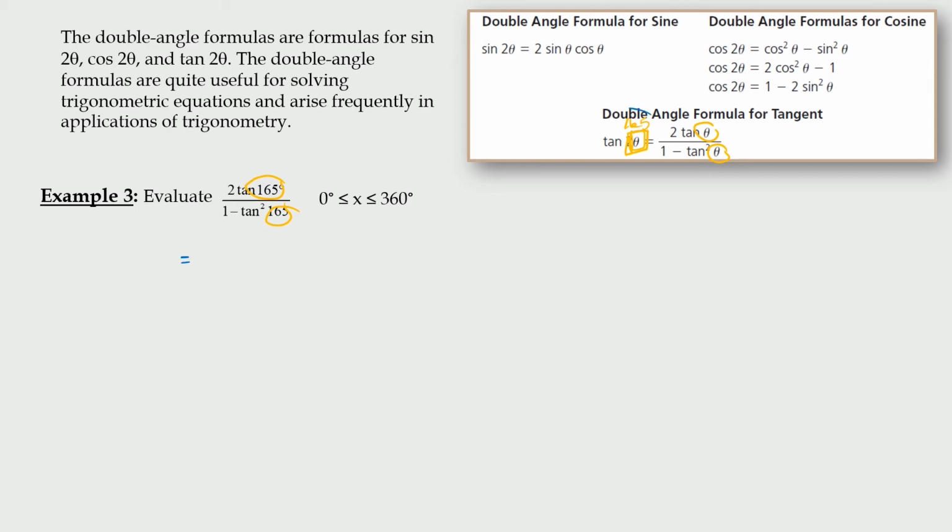So I'm using this piece here. Let me erase that. I wrote over it all. That's equal to tan of 2 theta, except instead of theta, it's a 165. These two are equal to each other because of this formula right here.